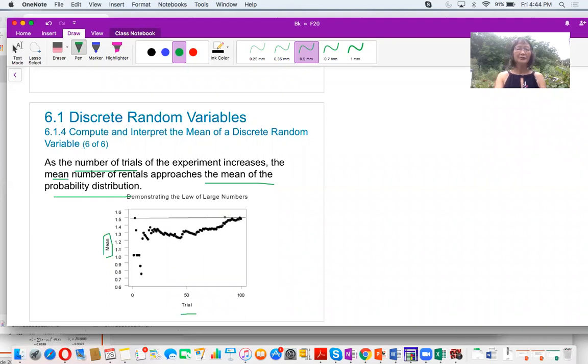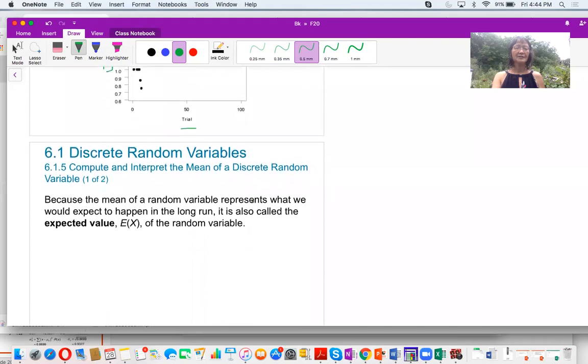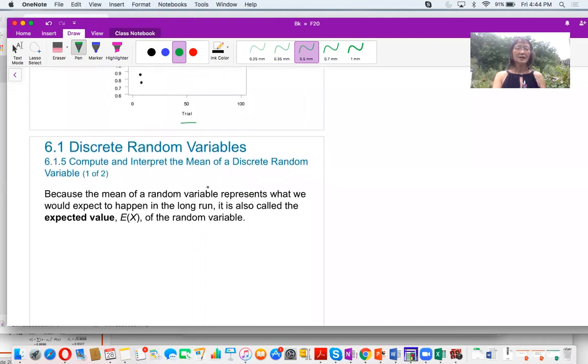And this demonstrates the law of large numbers. Because the mean of the random variable represents what we expect to happen in the long run, it is also called the expected value, using E(X).